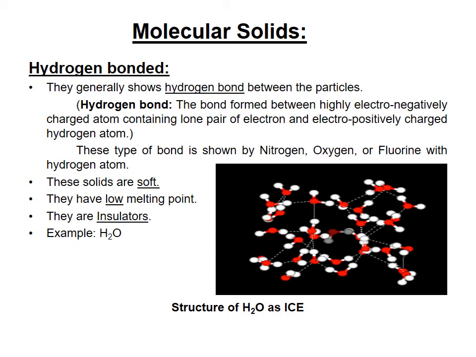Those solids are comparatively somewhat harder than polar or non-polar molecular solids, and that is the reason why their melting point, compared to all the three, is the highest. These solids are also non-conductors. Example, H2O in the form of ice.